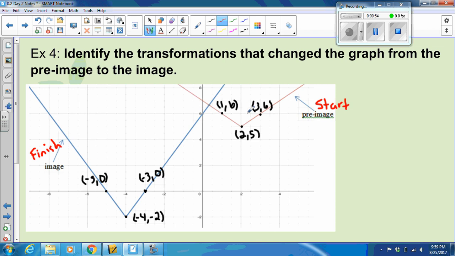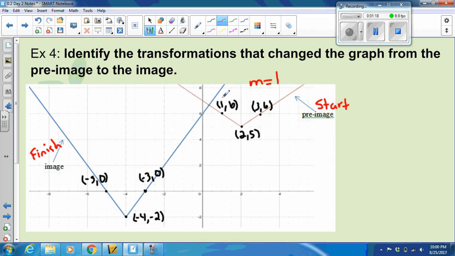In order to know if there's a vertical stretch or shrink, you need to find the slope of both the preimage and the image. So we're going to say m equals. Now for your notes, I believe either the image or preimage did not come out very well, so I've given you some key points to plot on your graph.